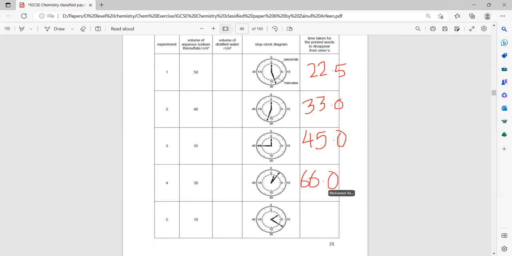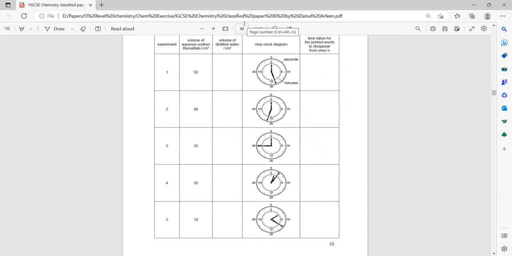Each box is representing 1, so it cannot be 22 point. This is like 10 seconds, 15 seconds, 20 seconds, 25, 26, 27.